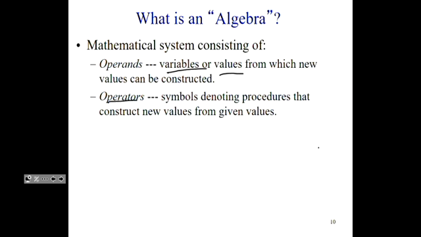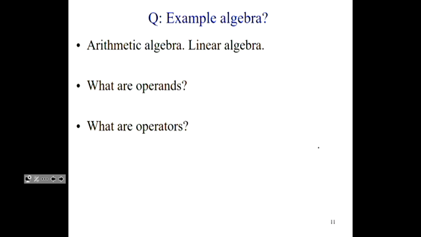Operators are symbols that denote manipulation operations or procedures that construct new values from given values. So you take existing things, you transform them in some way to get new things. Okay, so you have operators that operate on things, operands that get operated on.